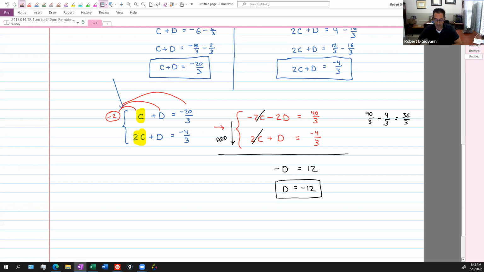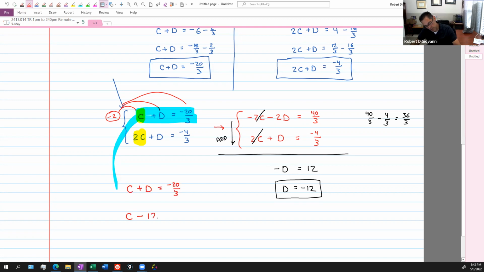Once we know what D is, we go get C. You can get C by plugging this D into any equation you see here. Any of them, it doesn't matter. So I'm just going to pick this one right here. C plus D is -20/3. But I know that D is -12.